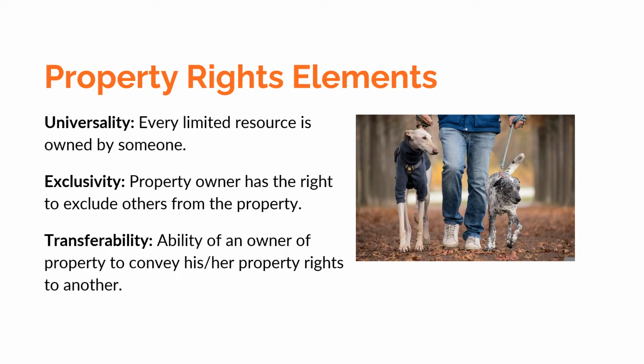Exclusivity asserts that a property owner has the right to exclude others from the property, thus making themselves the owner of that property. And transferability is the concept that an owner has the right to convey his or her property rights to another person because they, in fact, are the exclusive owners of that property.